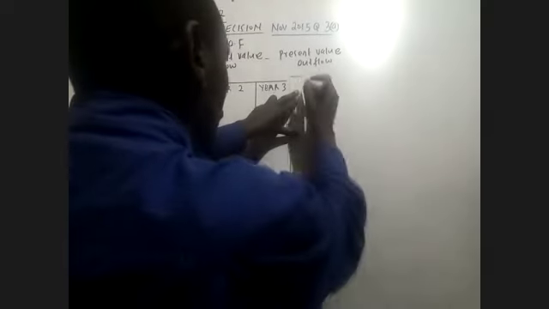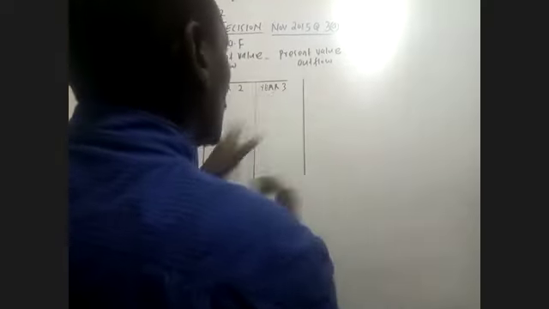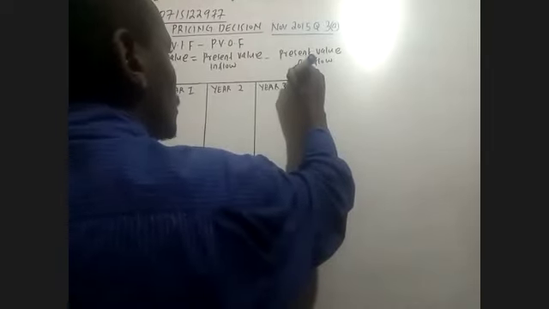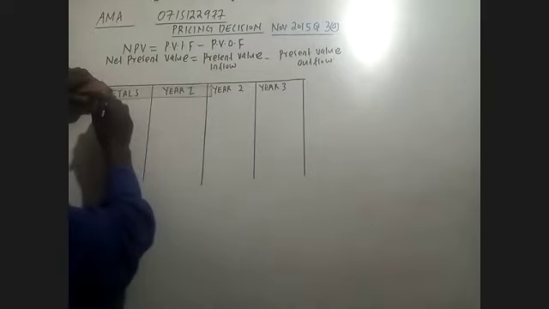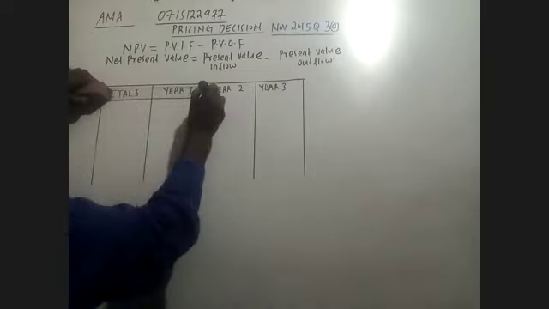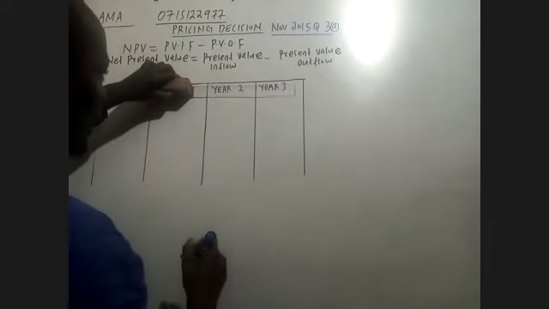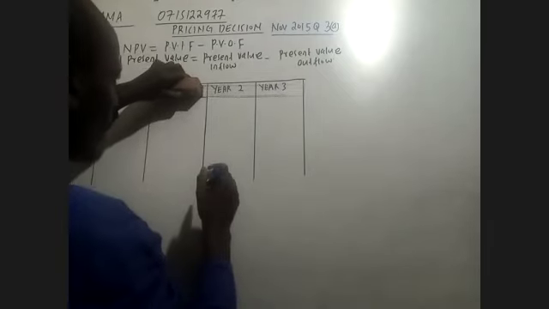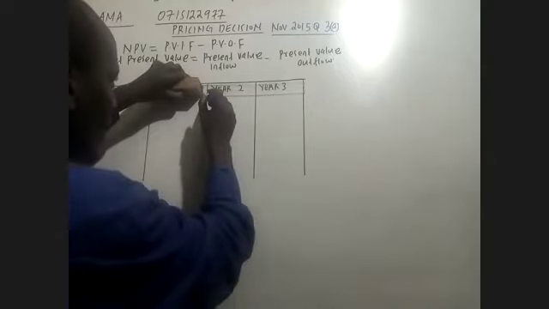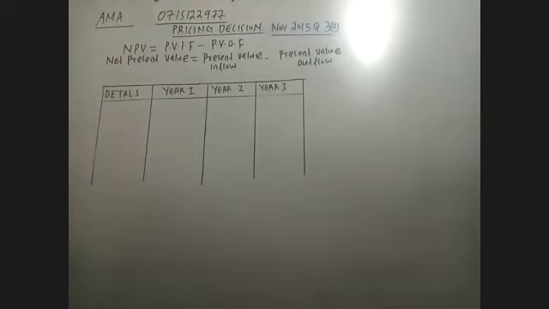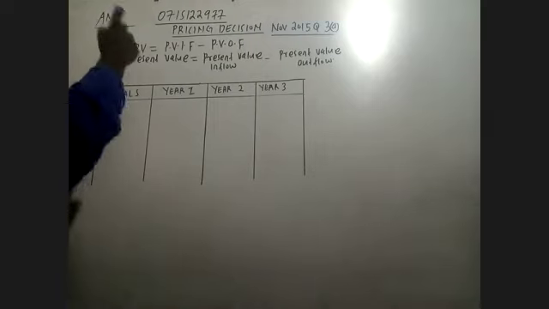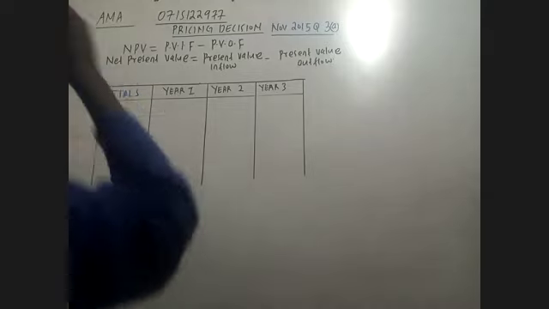Now, let us start. Number 1, life cycle cost per unit. So we need to add all the costs together to divide the total number of units. Now, those are design and development. Aya, tunasema ni ngapi? 10 million.